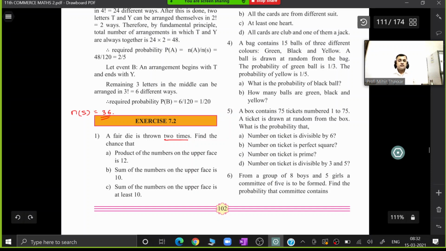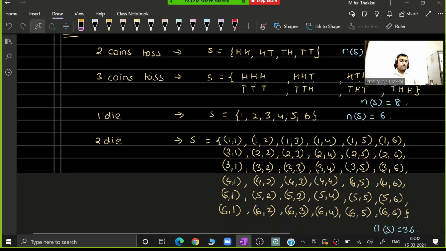We are asked the product of numbers on the upper face is equal to 12. So now over here I have to search for those outcomes whose product comes out to be equal to 12. So let us see. I can say over here that the product will be 12 if I consider the outcome 3, 4, or if I consider the outcome 4, 3.